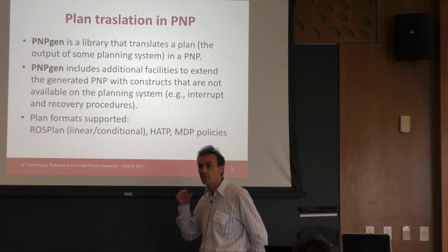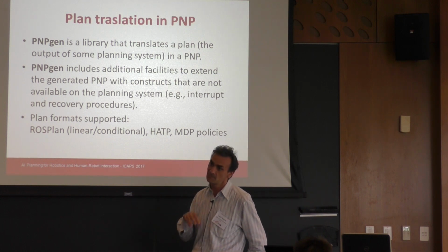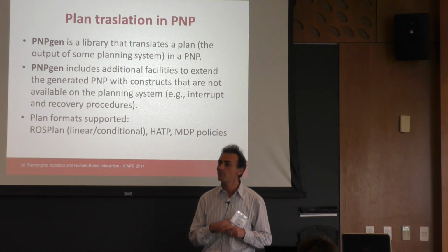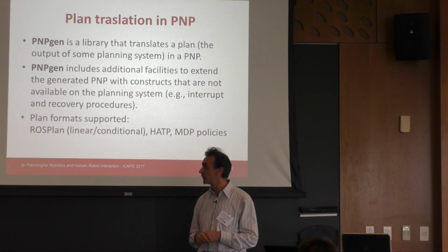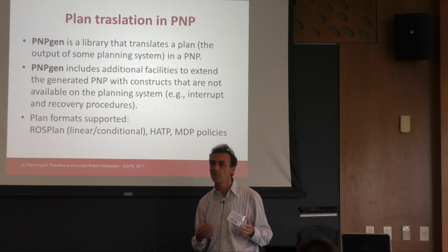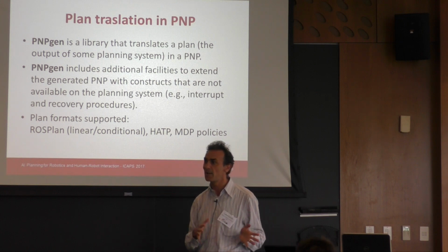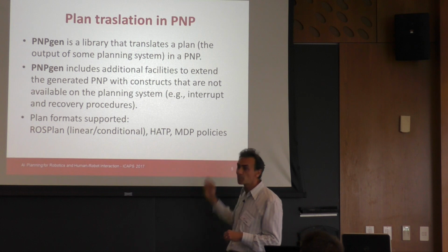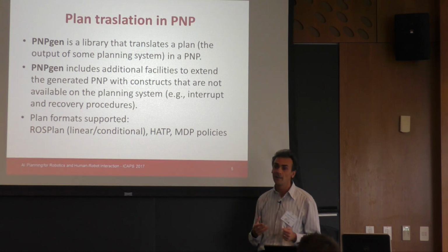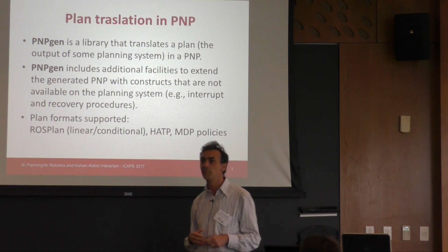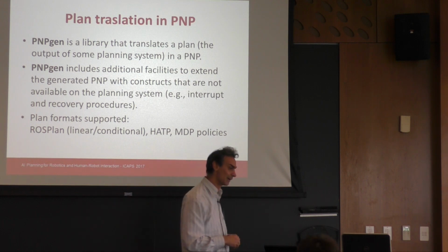And so the PNP Gen library is a library with some tools to generate PNP from many different plan formats. So this is integrated with ROSPlan, so any output of the ROSPlan planners will be transformed into a PNP, but it also includes support for other plan formats, like HATP or MDP policies. Of course, this is extendable.